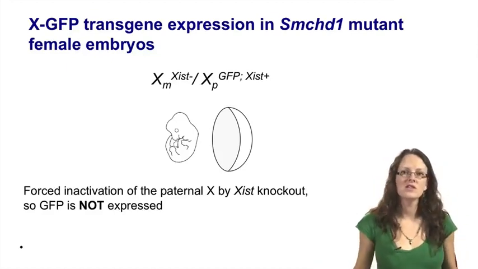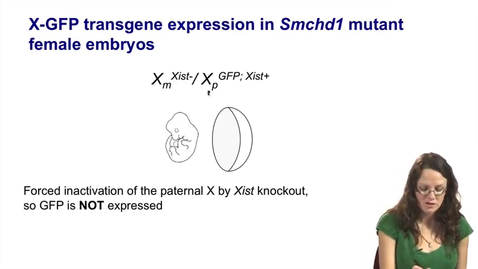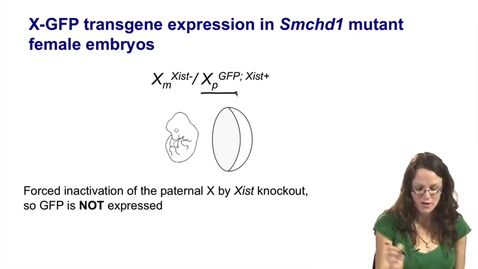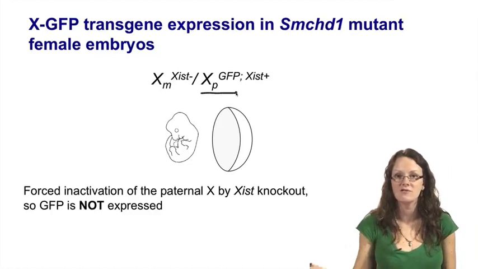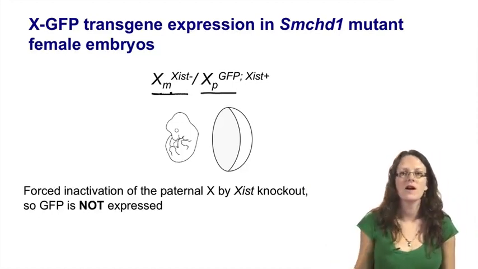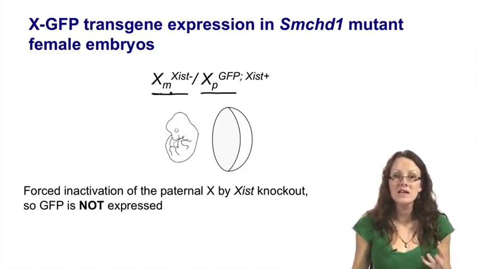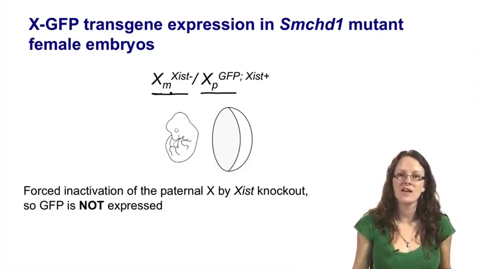There's an additional complicating factor in the genetics of these embryos. On the paternal X chromosome, we have the GFP transgene, just like for DNMT1, there was the LacZ transgene. But now, in addition to that, on the maternal X chromosome, XM, we have an Xist knockout. Since Xist is the key determinant of X inactivation, if a chromosome doesn't possess Xist because Xist has been knocked out, then that chromosome cannot be inactivated.